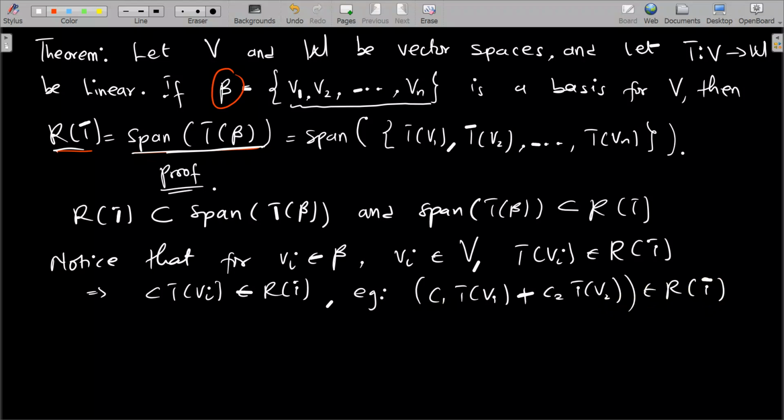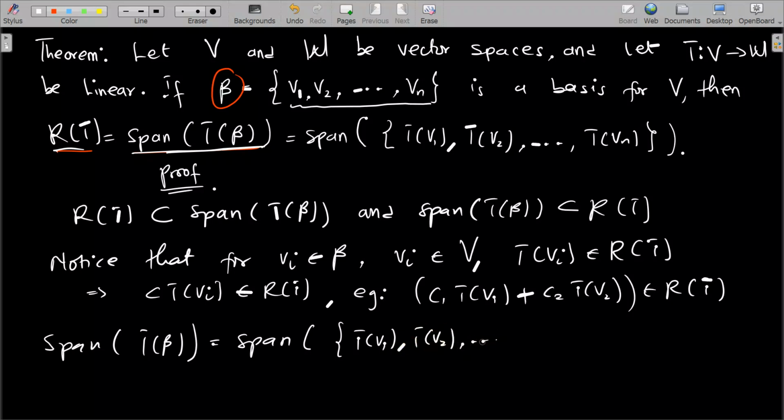We've done this earlier. So what does it show you? It shows you that what is the definition of the span of T of beta? T of beta is actually the span of these guys, T of V1, T of V2, all the way to T of Vn, right?